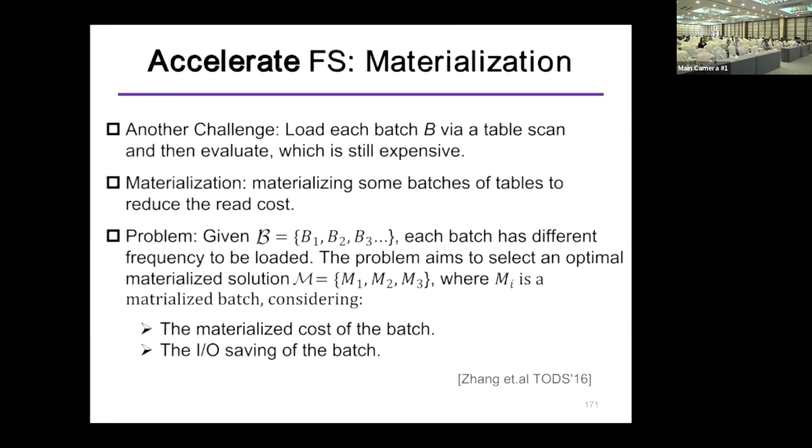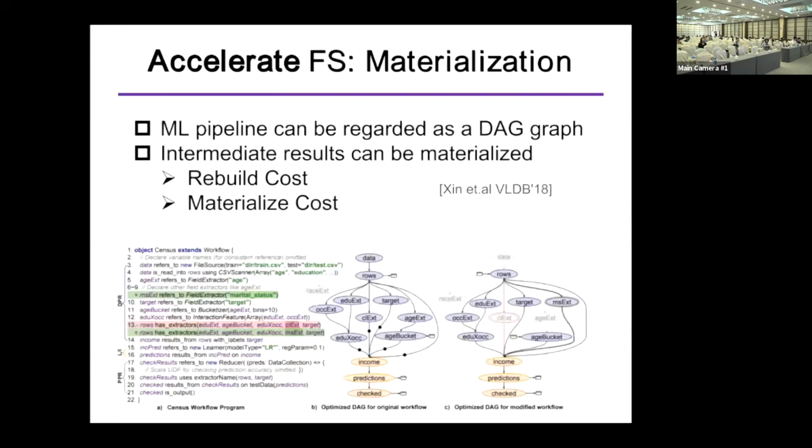So the problem is to select an optimal materialization solution, where Mi is a materialized batch. This considers the materialization cost of the batch and the I/O saving of the batch. This is a trade-off.